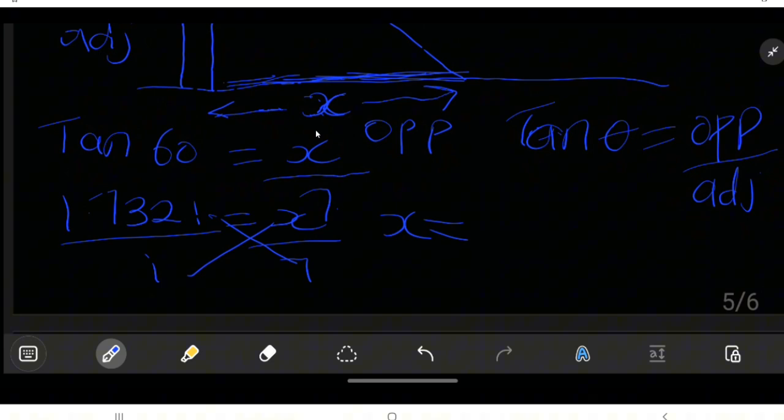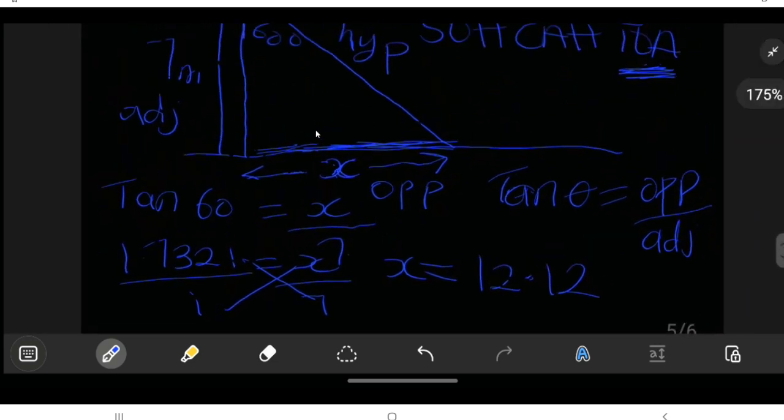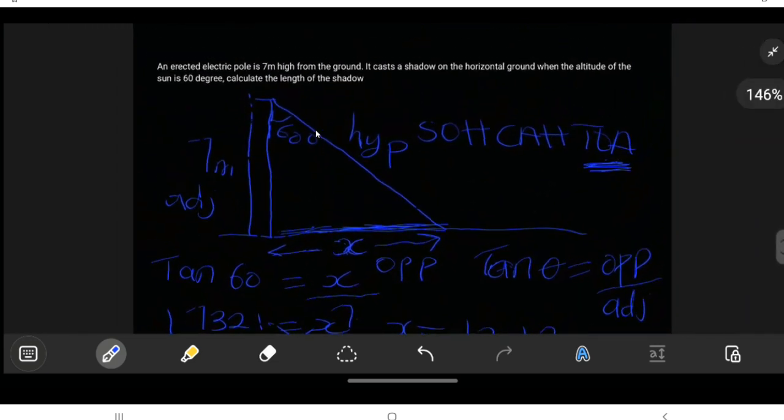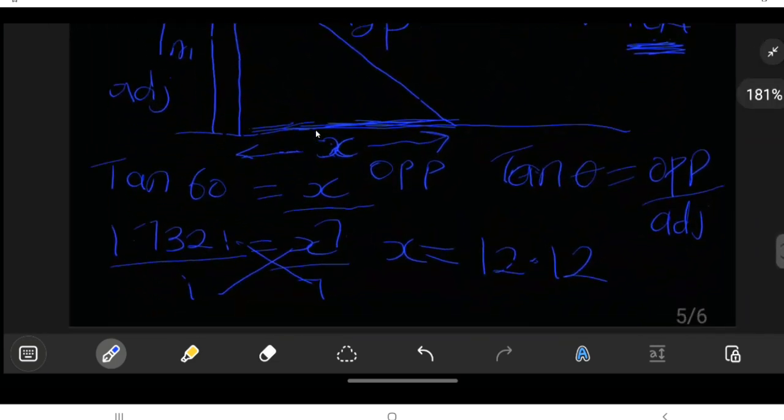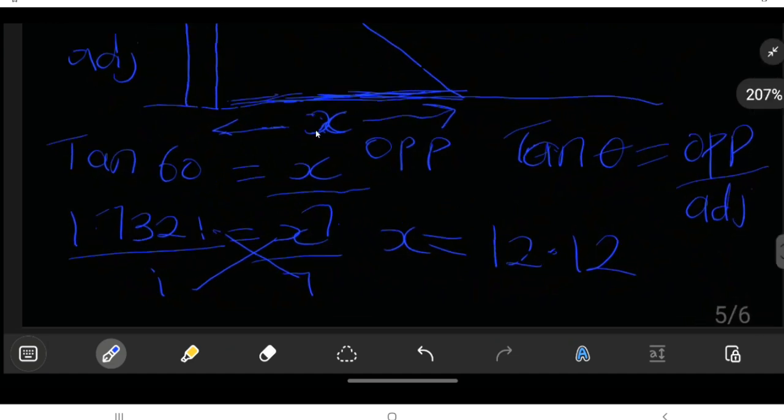Let's round it to 12.12. So 12.12 is the length of the shadow.